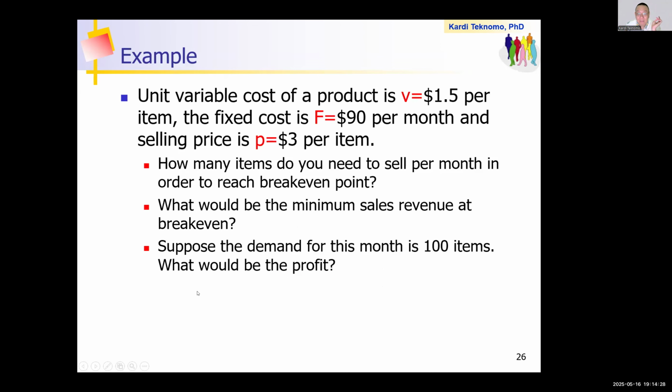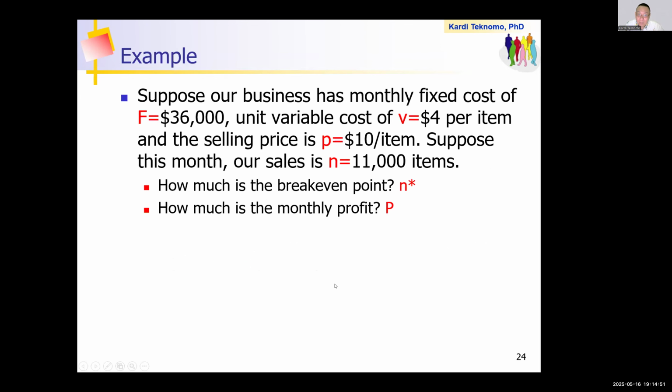Can you cite an example of when we will use the formula, or when you are going to use the profit as fixed cost or variable cost? Oh, good question. So now it depends on you.